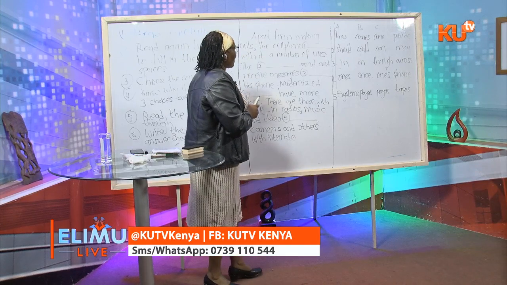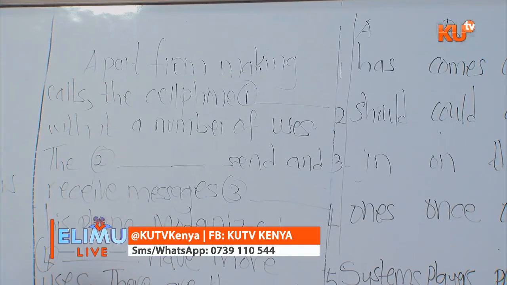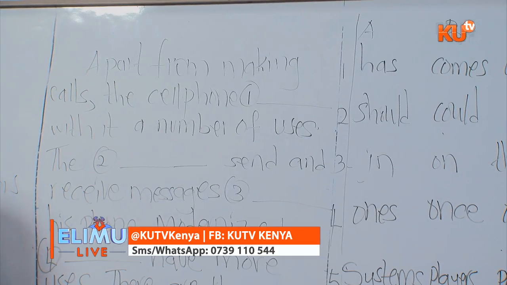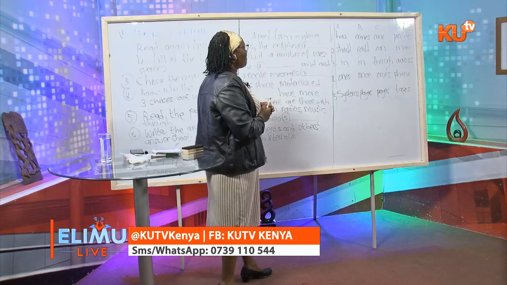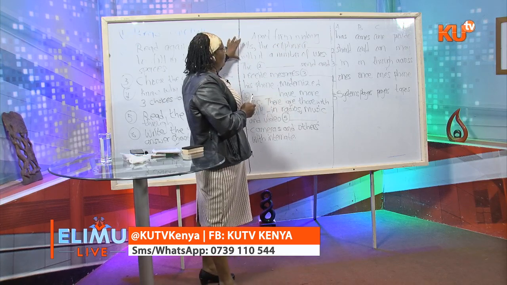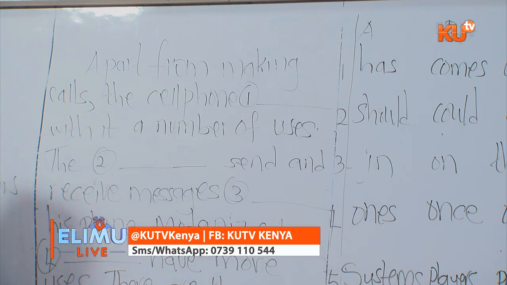So you read until where you find a full stop so that you are able to fill in the correct word. Don't just read up to where we have a dash or a blank space. So for example, this part we are going to read up to where we have the word uses, where that is where we have a full stop.